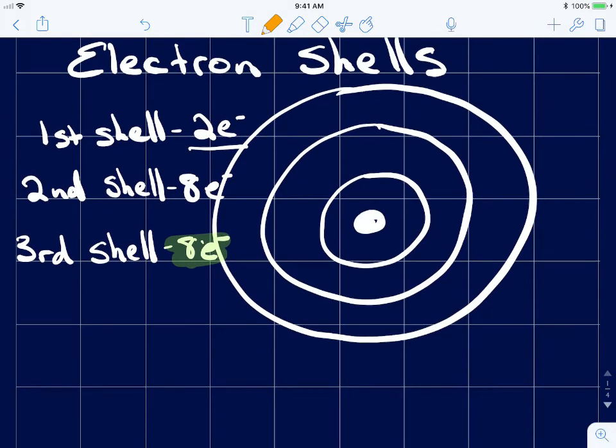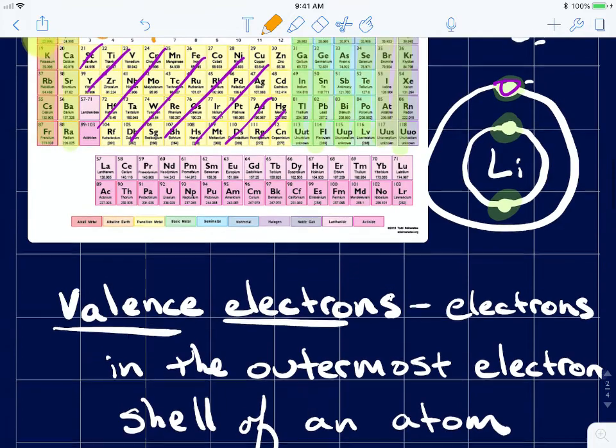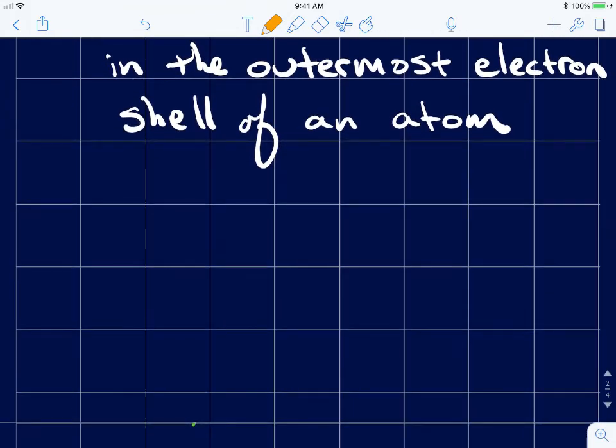We said that the first shell can hold 2 electrons, the second shell can hold 8 electrons, and for the sake of this video, we're going to say the third shell can hold 8 electrons. So let's do sodium here. Here is our nucleus, sodium, and let's put it a little more centralized so we have room.